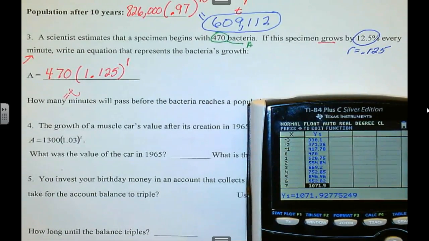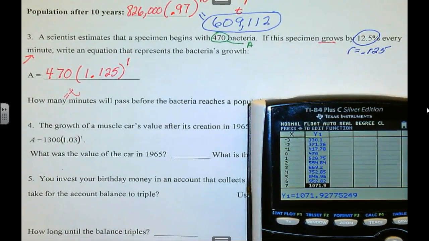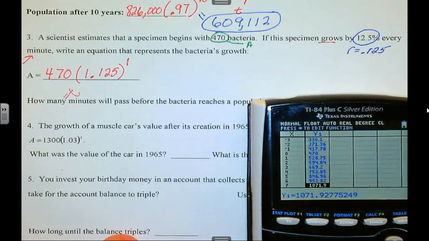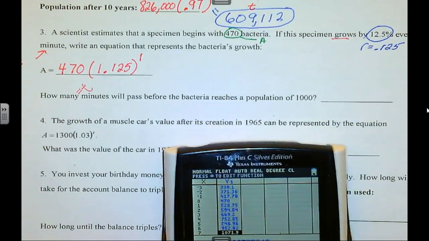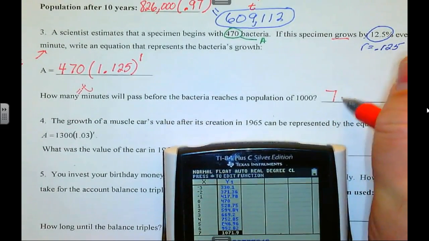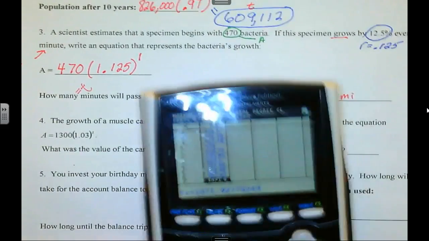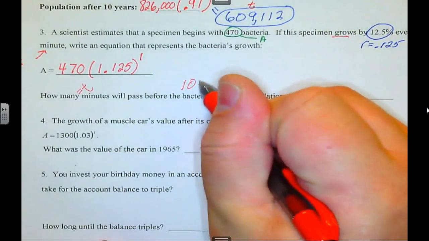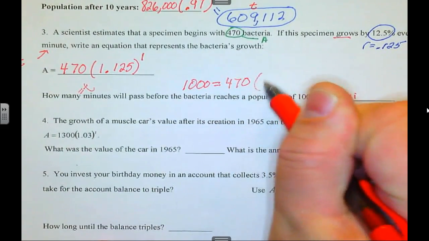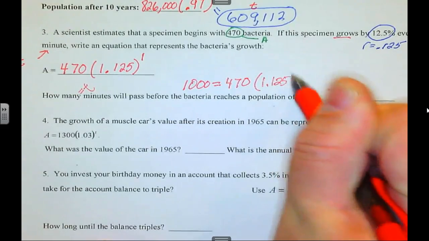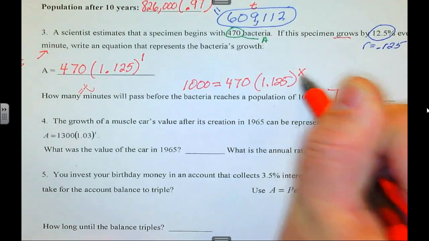So at least 1,000. So how many minutes? 7 minutes. Get it? Anybody not see how I got 7 minutes? Well, this is my y value now. 1,000 equals 470 times 1.125 raised to the x or t, right?